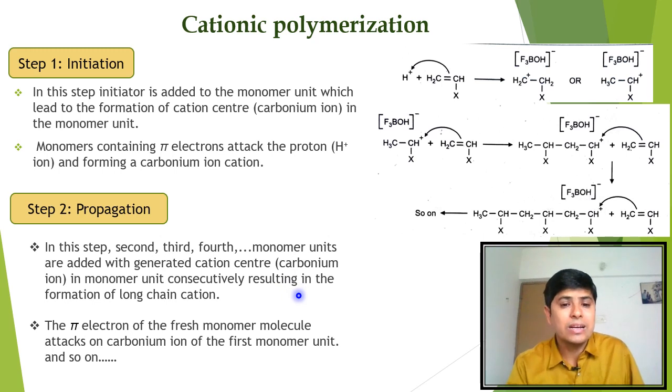The pi electron of the fresh monomer molecule attacks the carbonium ion of the first monomer unit, and so on, and this chain propagation will continue till all the monomer units are consumed.